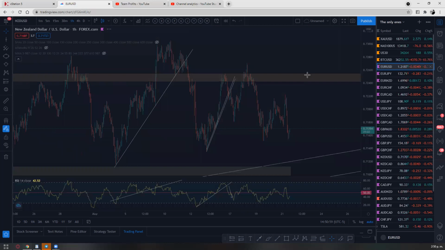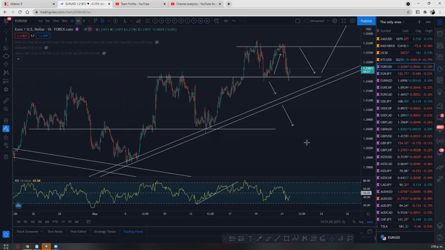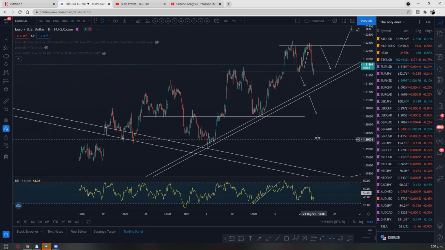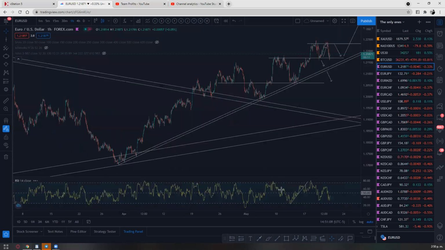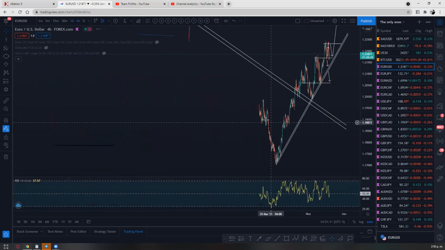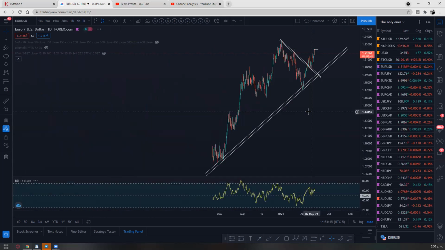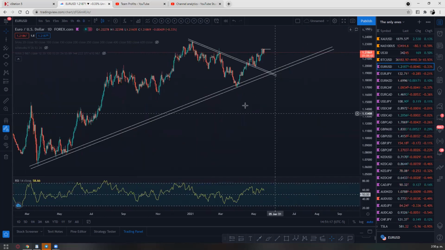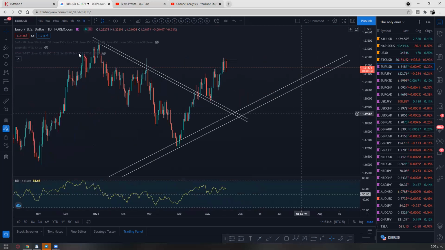Let's see on the Euro USD to see what we're seeing here. Yeah, it's pretty much a trend. It will not be good for 4 hour, maybe here. We could be onto something here on the RSI.